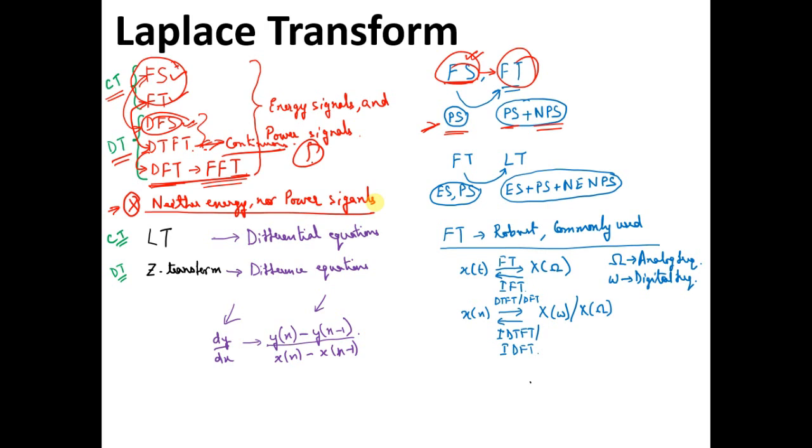Now, to overcome this disadvantage, we have to generalize the Fourier transform, and this generalization of the Fourier transform is regarded as the Laplace transform. Initially we started with the Fourier series, and we generalized it so that it can be used for aperiodic signal analysis also, so due to the generalization we got the Fourier transform.